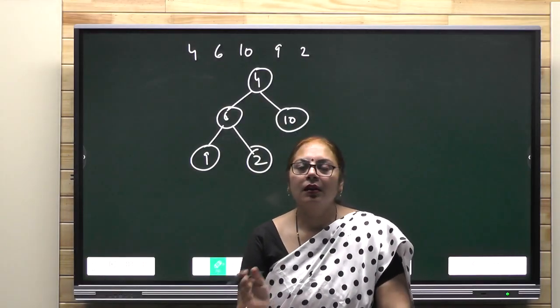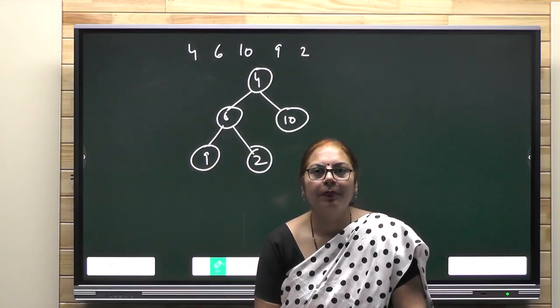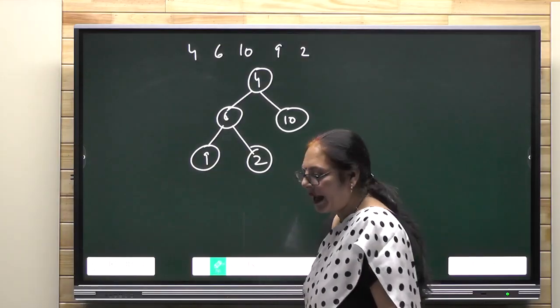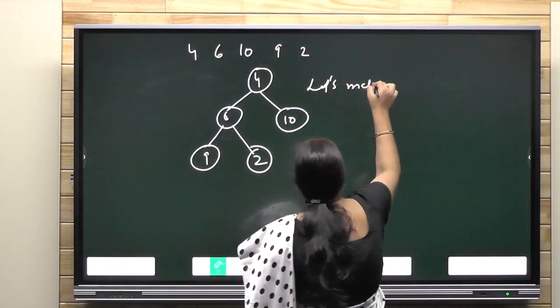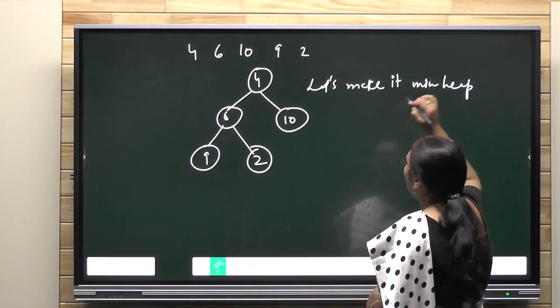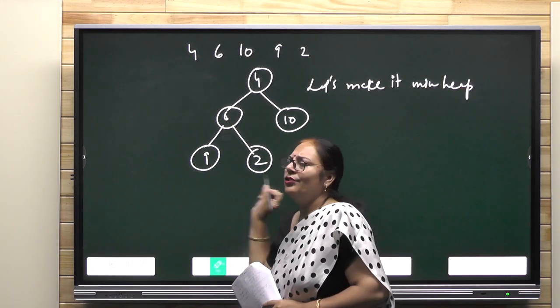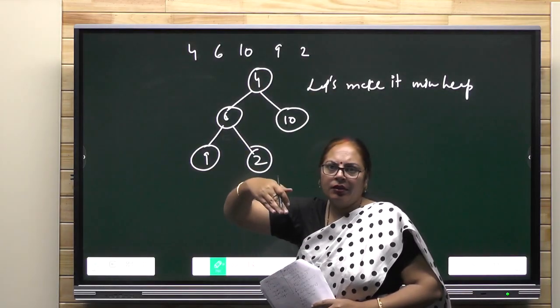Now when we create the min heap, we have to do the comparisons. For making it a min heap, we use the heapify method. We are not going to touch the leaf nodes; we check one level above.